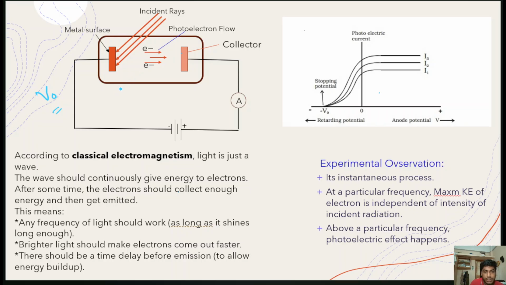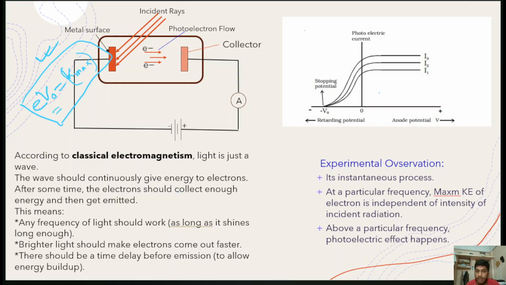The work done by the stopping potential is E into V naught, and it will be equal to the maximum kinetic energy of the electron: E V naught equals maximum kinetic energy. This one equation is very important.